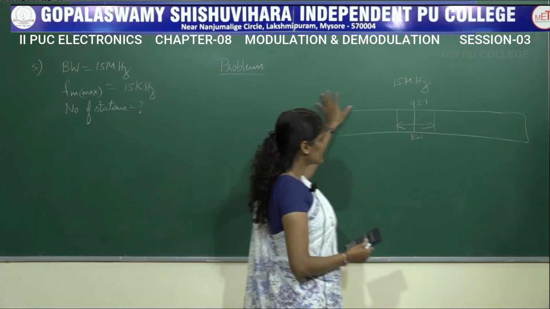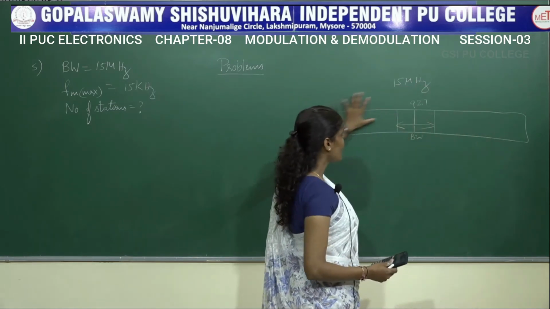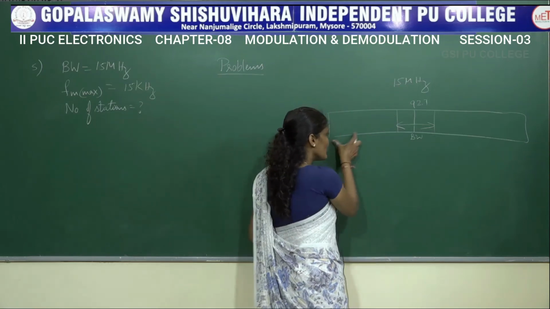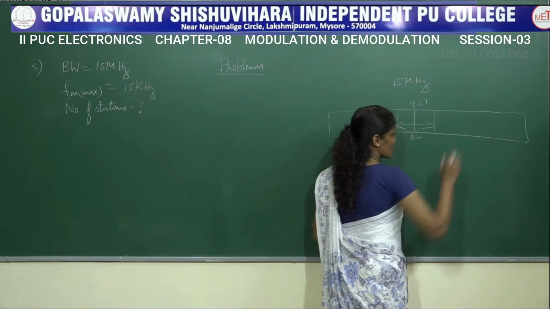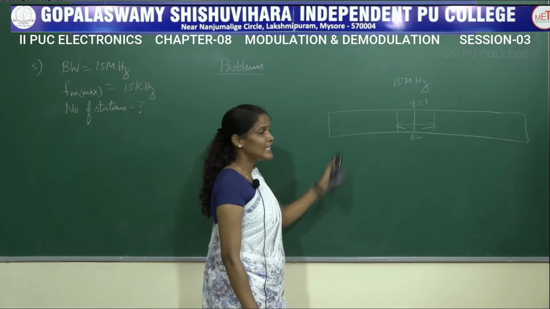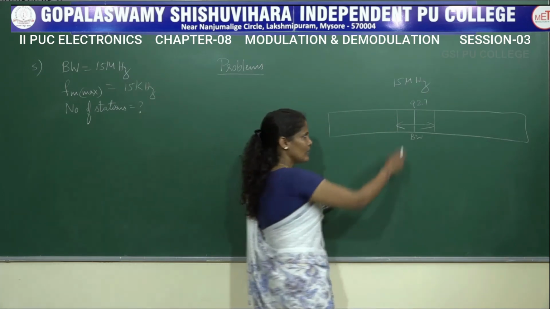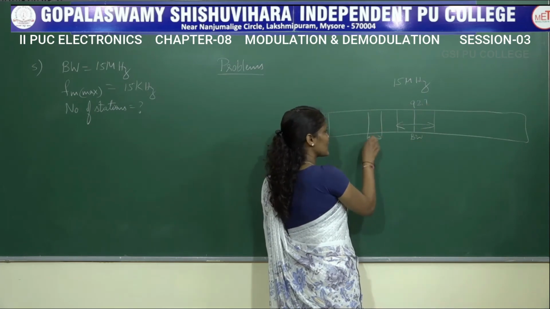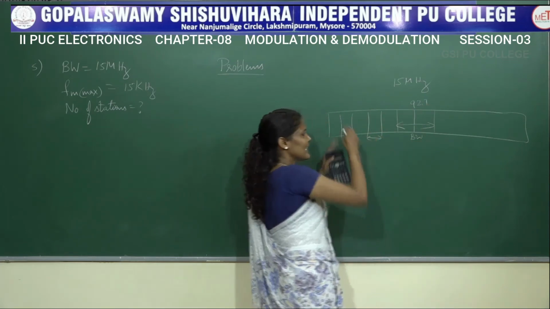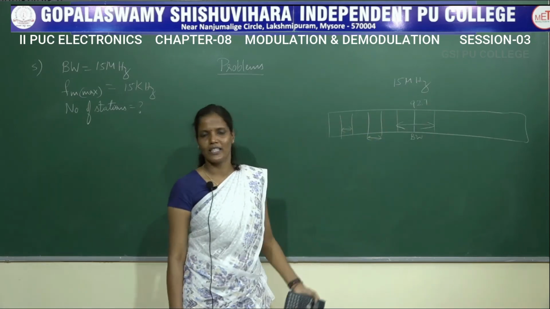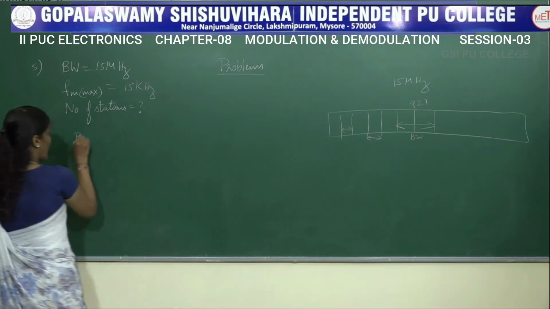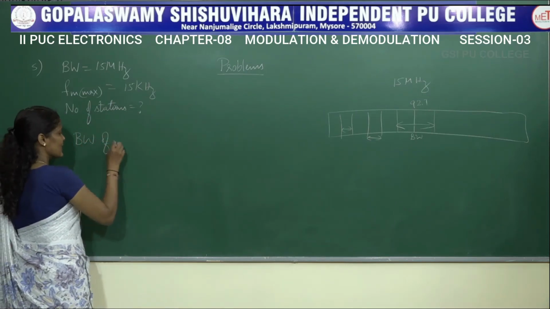They have given us the total bandwidth of 15 megahertz. They have asked us to calculate how many single stations can be accommodated in this particular bandwidth. If the bandwidth of this particular station is this much, how many such stations can be accommodated in such a big bandwidth is our question.